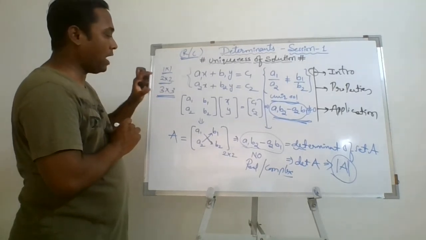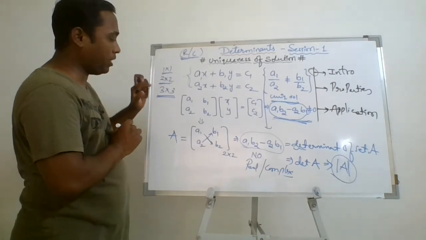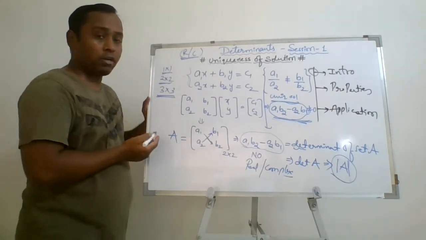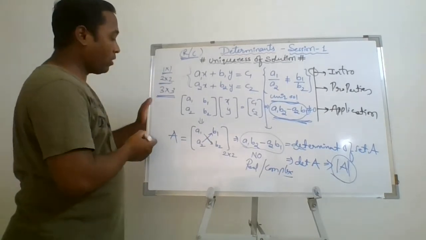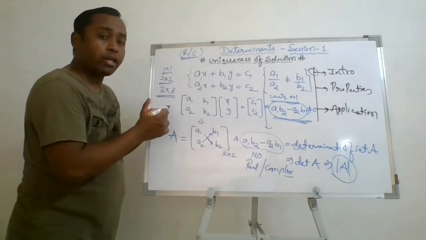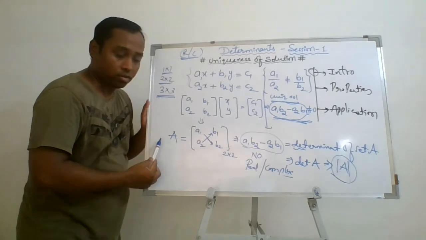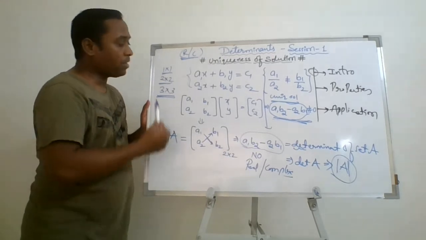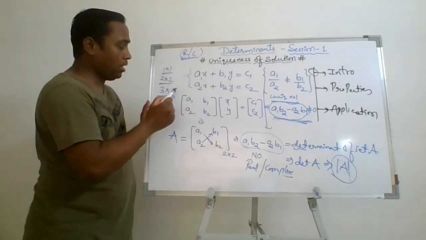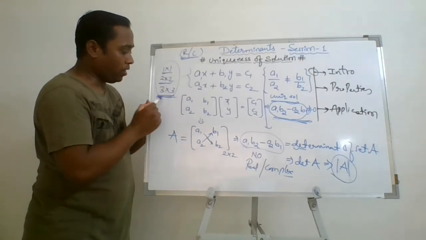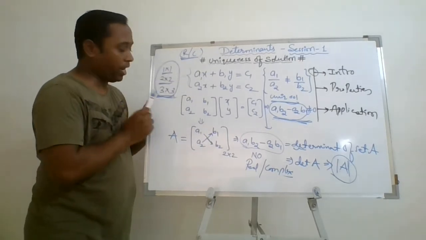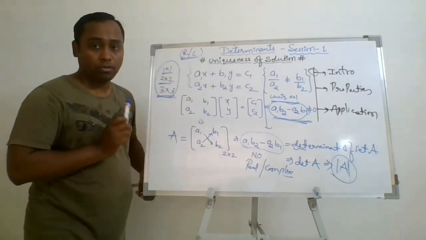We are going to find the determinant of 1 by 1, 2 by 2, 3 by 3. You may also calculate the determinant of 4 by 4, 5 by 5, 6 by 6, n by n also, but it is not in our syllabus.